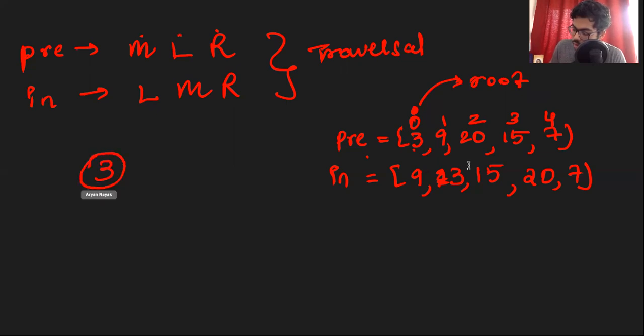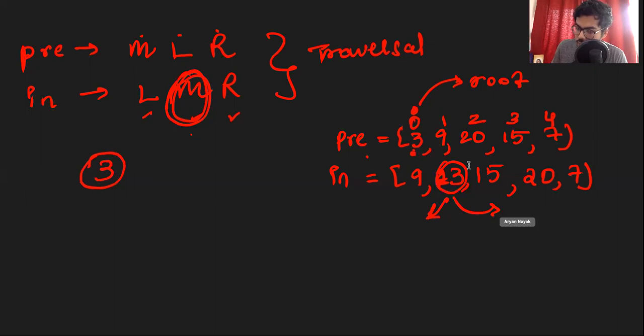And now what we do is that in the in-order array, we know that it's in the left, middle, and right fashion. So in this, if we search 3, 3 is at the first index. Now if we say 3 is the middle element, everything on the left of 3 would be in the left subtree, and everything on the right of 3 would be in the right subtree.